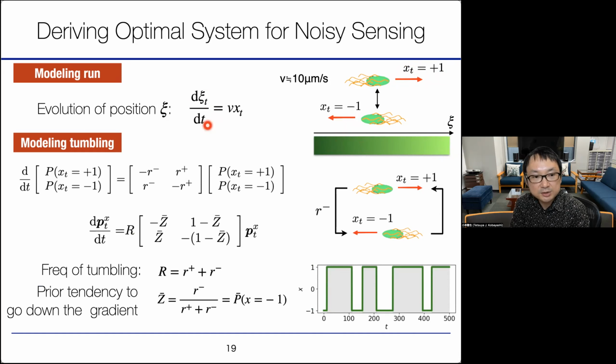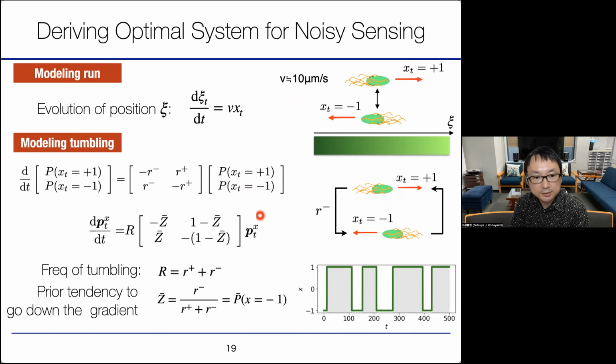Then the position of the cell at time t is obtained by this differential equation. This v is the speed of the swimming. And here we have x. Then we model the switching of the swimming direction by using a two-state Markov model.